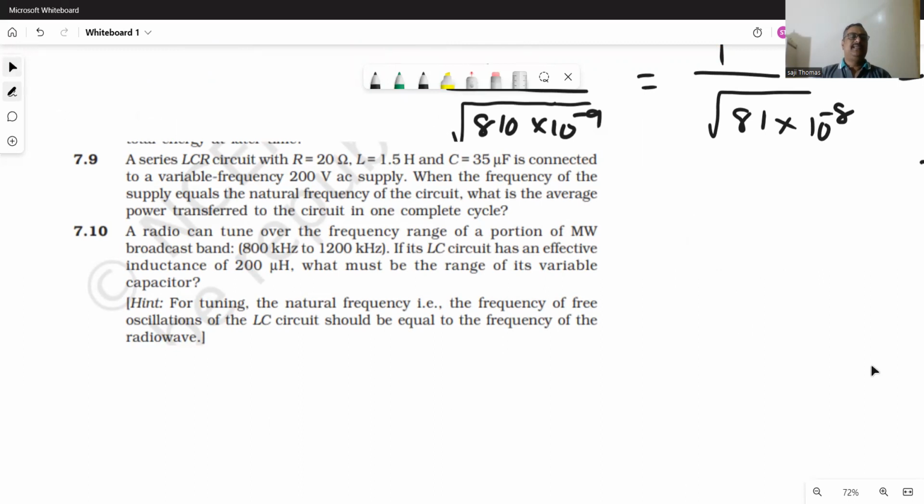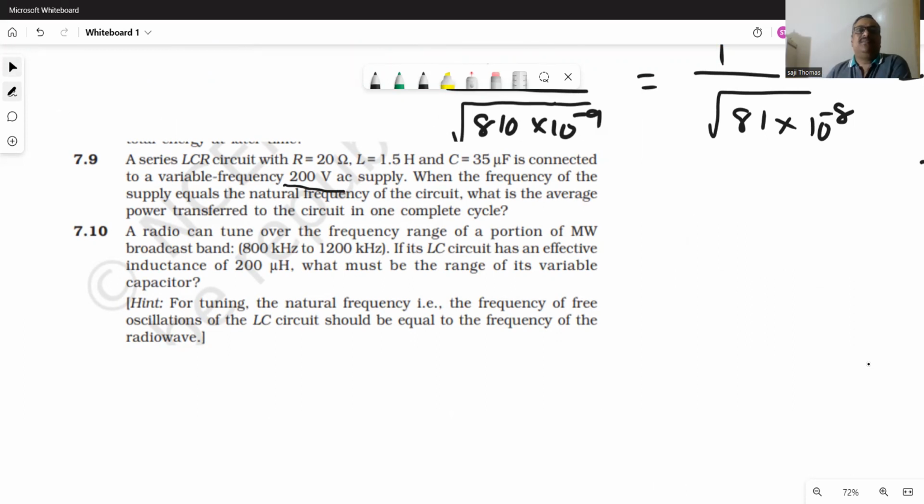A series LCR circuit with R equals 20 ohm, L equals 1.5 Henry, is connected to a variable frequency 200 volt AC supply. When the frequency of the supply equals the natural frequency of the circuit, what is the power transferred to the circuit in one complete cycle?